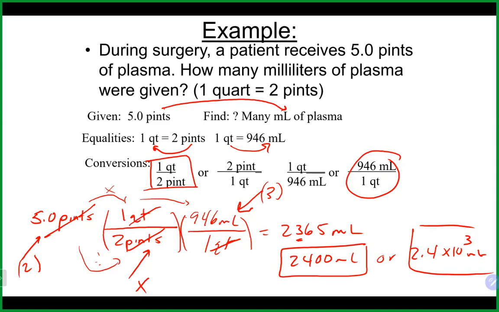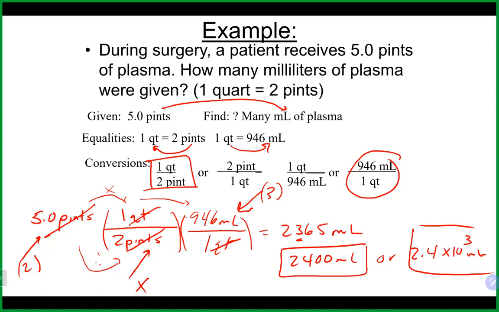Yeah, so here's the deal. If it is a conversion factor that is a straight metric to metric conversion, like grams to kilograms or something like that, that's considered an exact number. If it is a straight English to English or US to US sort of conversion, like 12 inches to the foot, considered an exact number.